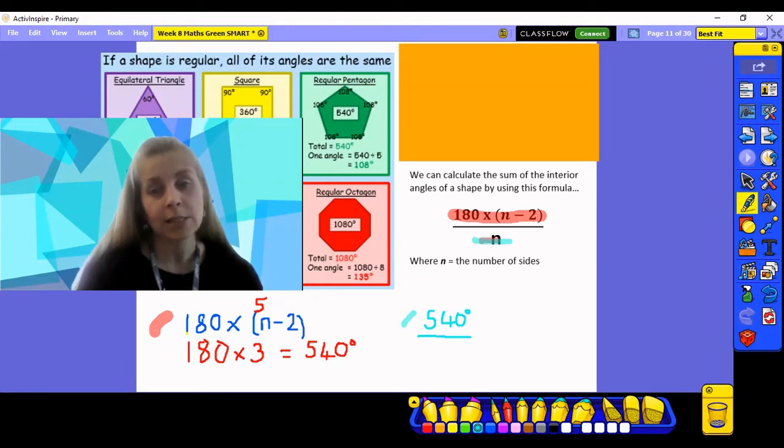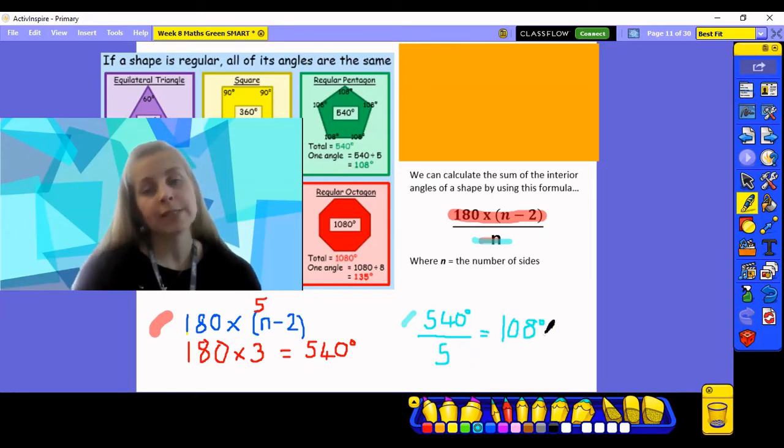In our pentagon, that n represents the number of sides, 5. So we do 540 divided by 5, and that will give us what one of the interior angles in this regular pentagon will measure. We can apply that because every angle within a regular pentagon is the same.